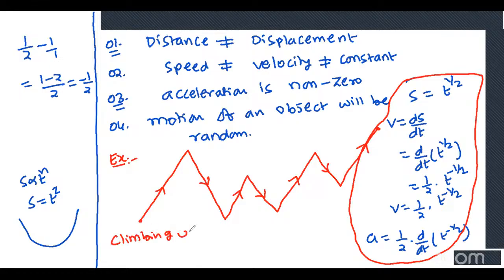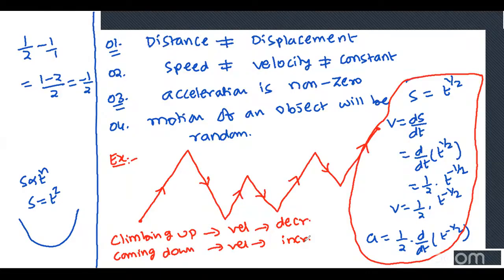While climbing up, velocity decreases because as height increases, velocity decreases. While coming down, velocity increases because as height decreases, velocity increases.